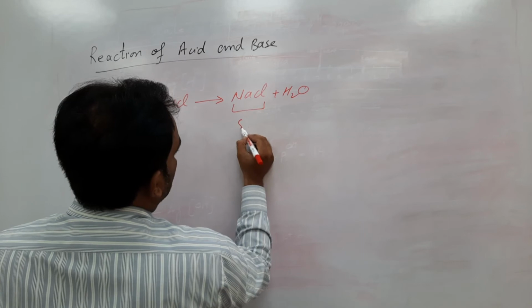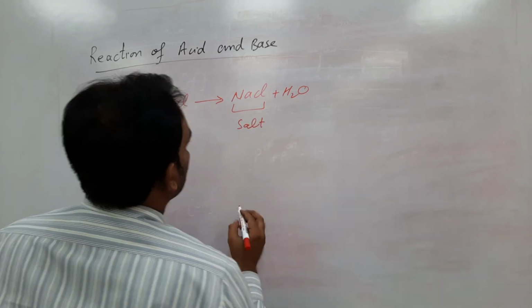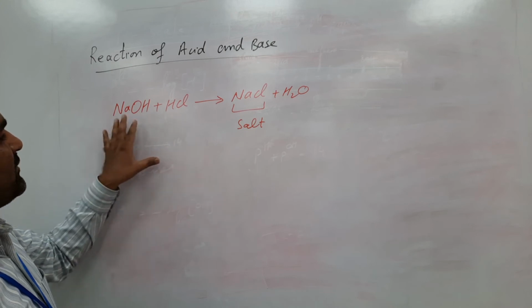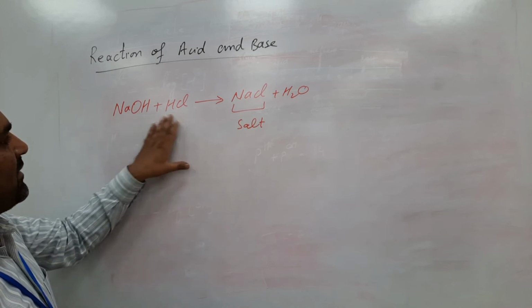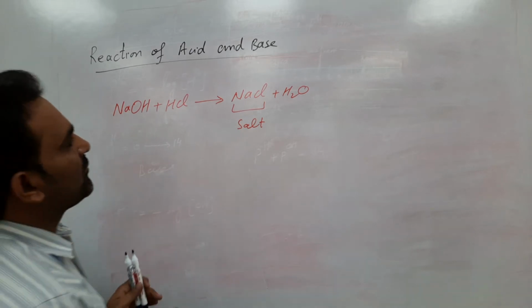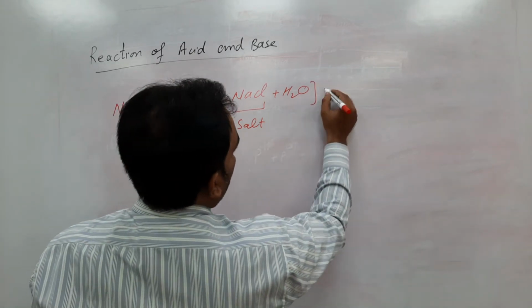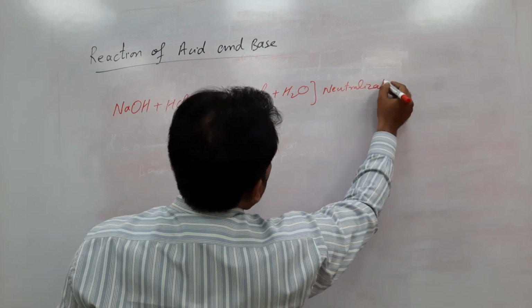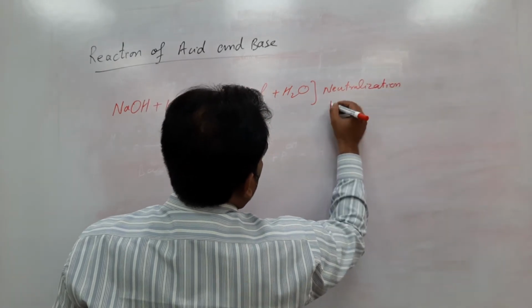This is called salt. Okay. And because this reaction is between a strong acid and a strong base, they are going to neutralize each other. So we call it a neutralization reaction.